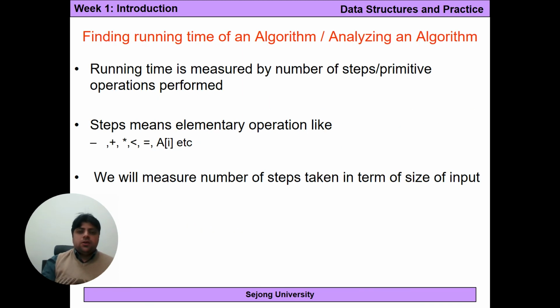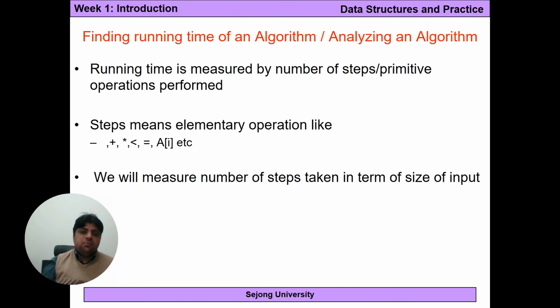Finding the running time of an algorithm, or analyzing an algorithm: how can we find the running time of any algorithm? The running time is measured by the number of steps or primitive operations performed. Primitive means basic operations performed. What does it mean by steps?